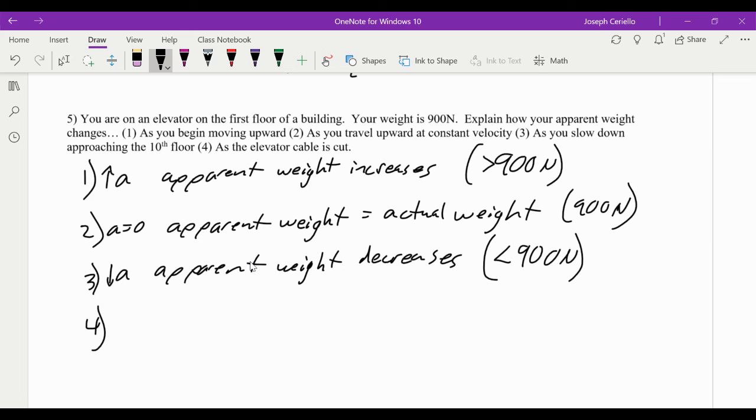And as the elevator cable is cut, your acceleration is pointing down, so it's definitely going to be less apparent weight. But since your acceleration is equal to g, apparent weight equals 0. You're weightless, okay? Do you actually have weight? Of course you still have weight, but apparently you're weightless.